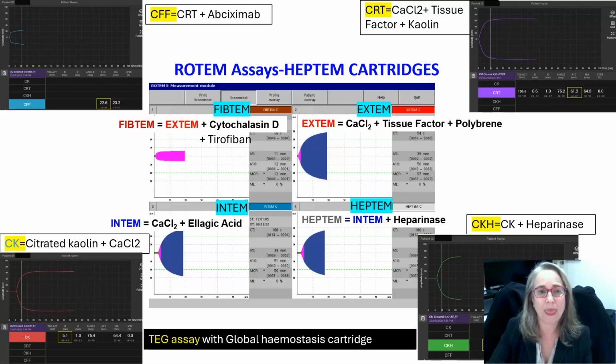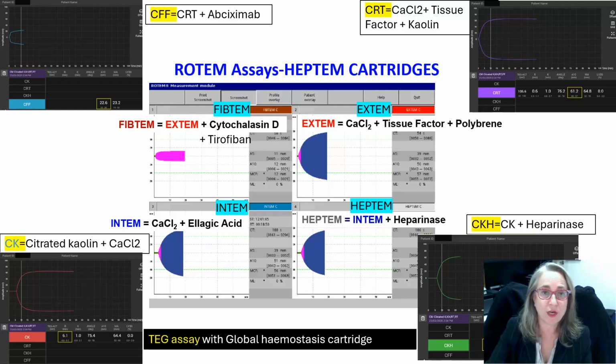So it's looking at the extrinsic pathway. The analogous test, the closest test in the TEG, is called a CRT. So it also has calcium chloride and tissue factor. It is looking at the extrinsic pathway, but it also has some kaolin and it doesn't have any heparinase. So we just have to keep that in mind. But they both look at the extrinsic pathway.